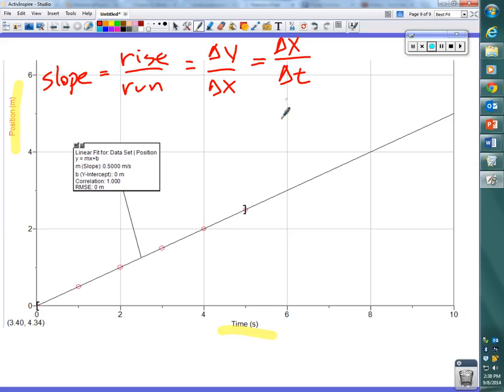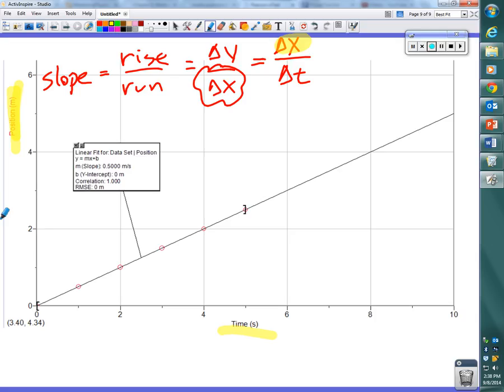This delta x here is not the same as this delta x here. Okay? This delta x is just the generic x-axis on a graph. This delta x is the change in the position on the position-time graph specifically. Unfortunate that it's the same letter, but do we understand the difference between the two?